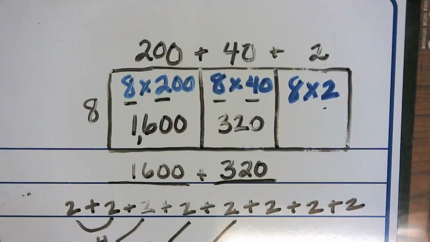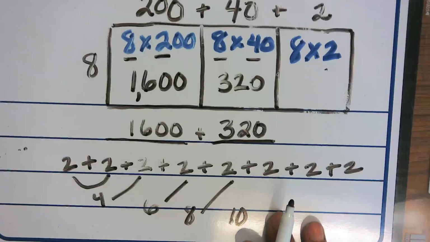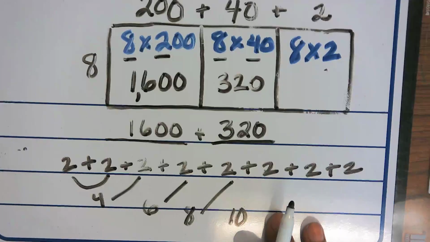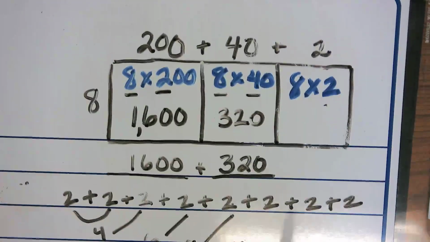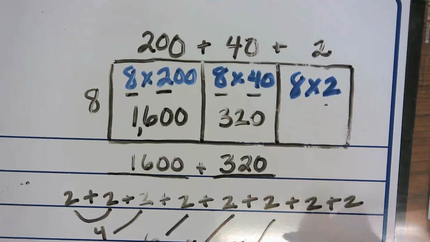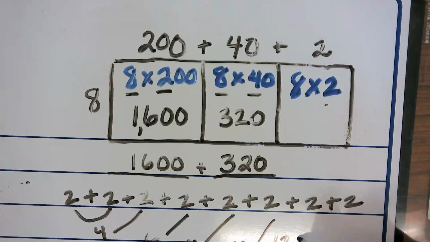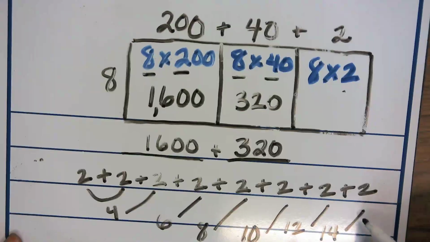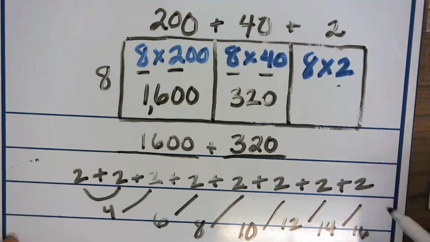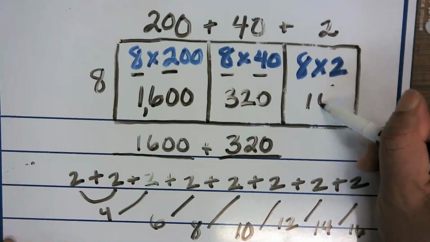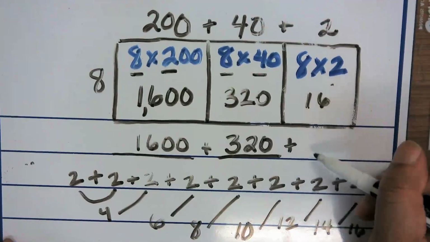Now that person has already been disproved, because I still got some 2s to add. So it can't be 10. Plus 2 more is 12. Plus 2 more is 14. Plus 2 more is 16. Yes, 16.